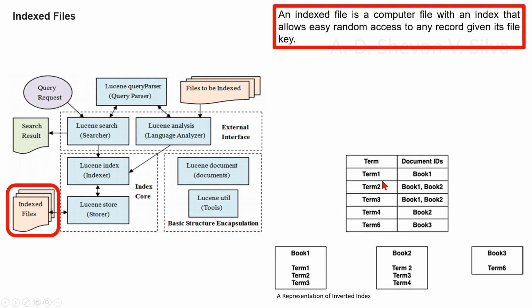To create an index file, fields within the document are first split and tokenized. A sorted list of all the unique terms is created, and the documents that contain the corresponding terms are populated.